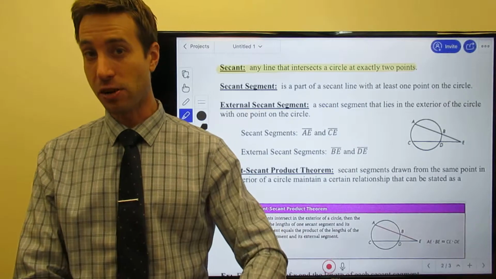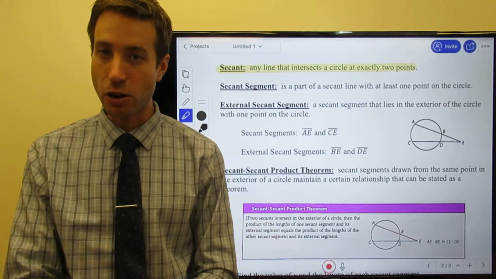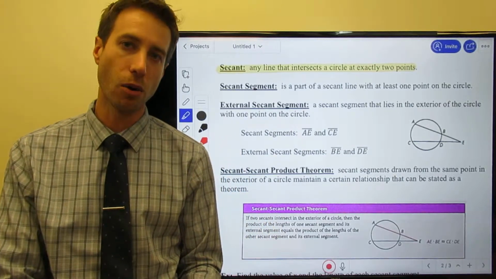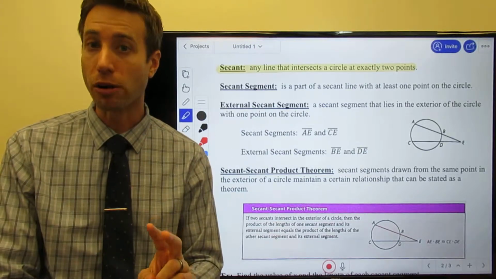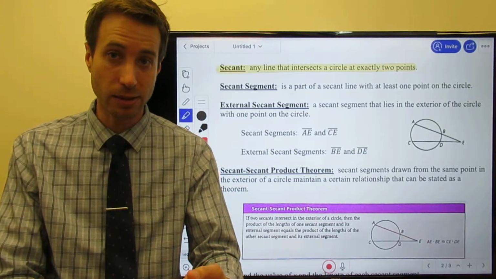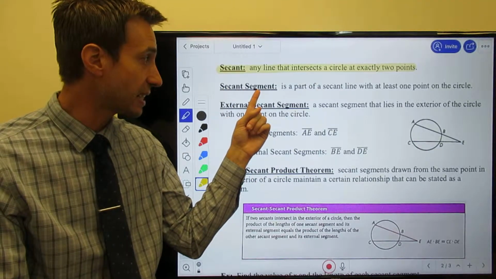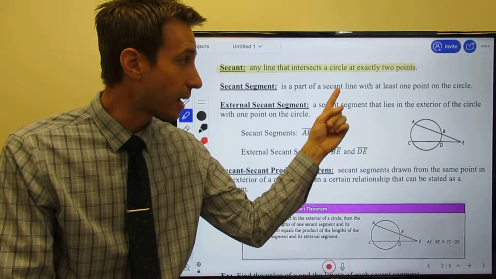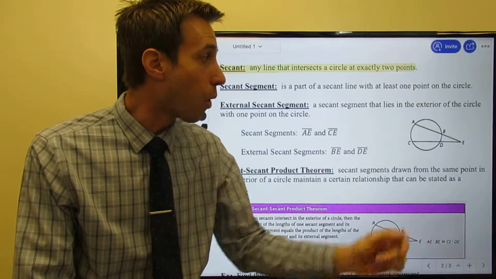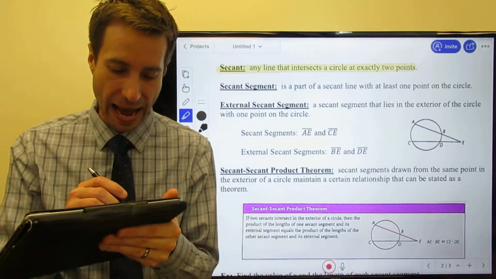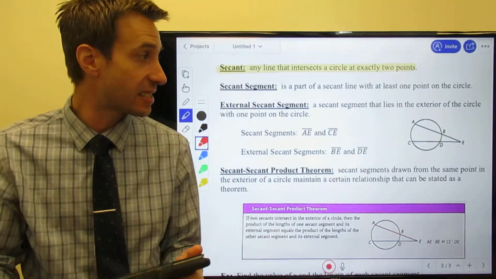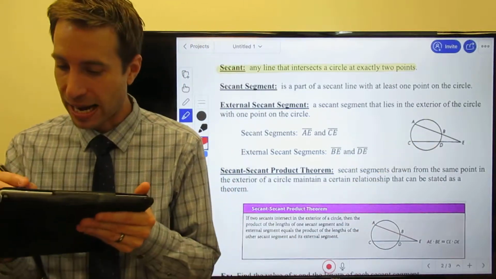Now, our theorem, the secant product theorem, is going to require you to know two different segments of a secant line. There are secant segments. The secant segment is the part of the secant line with at least 1 point on the circle. So I have two secant segments in this diagram down here.